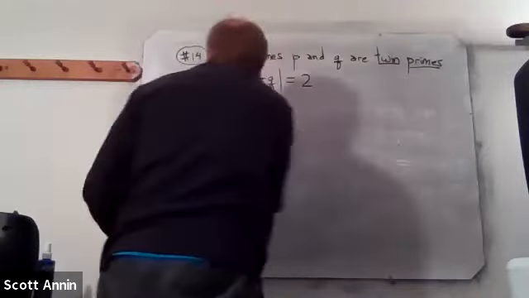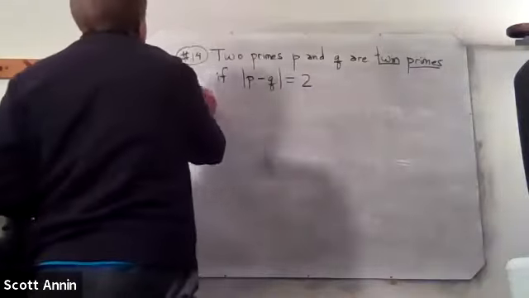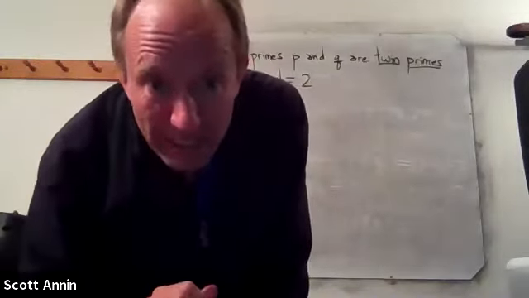Hopefully I'm not erasing too fast, but if I am, the video will be coming. Here it is. So part B, this is right off of group work number 3.